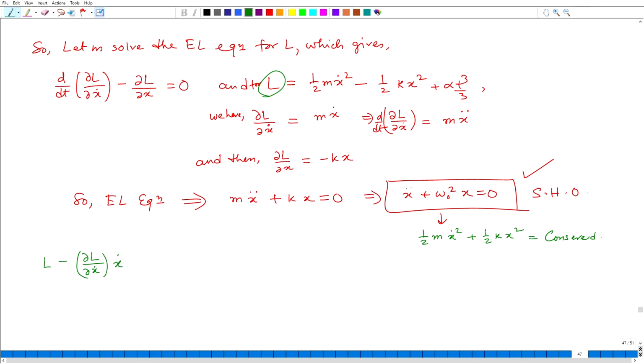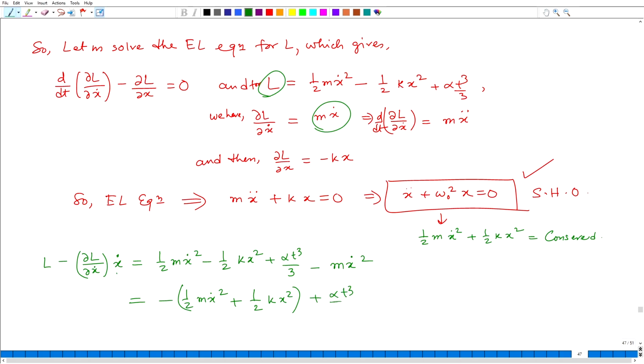So L is half m x dot square minus half k x square plus alpha t cube by 3, and minus ∂L/∂x dot multiplied with x dot, and that is why finally you have minus half m x dot square plus, I mean within minus actually, half k x square plus alpha t cube by 3.